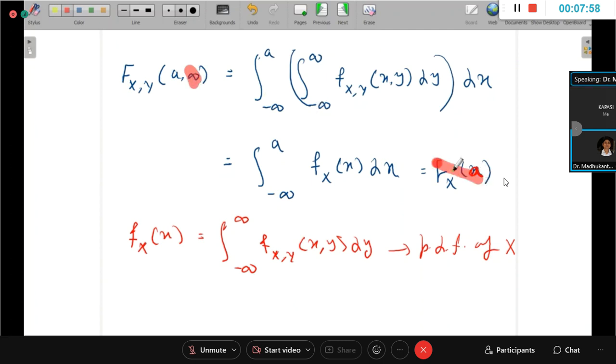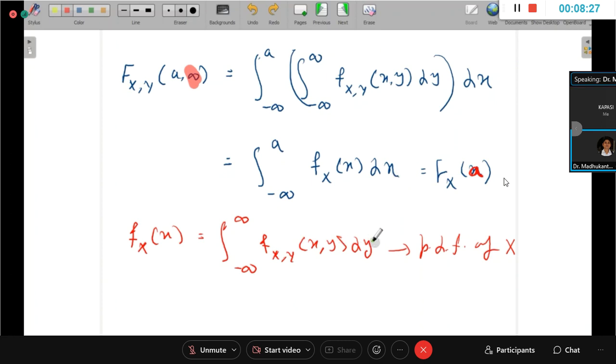If you do that, you get the marginal CDF of X, varying y over the whole sample space. If you vary the x variable over the whole sample space and keep y fixed, you will get the marginal CDF of Y.